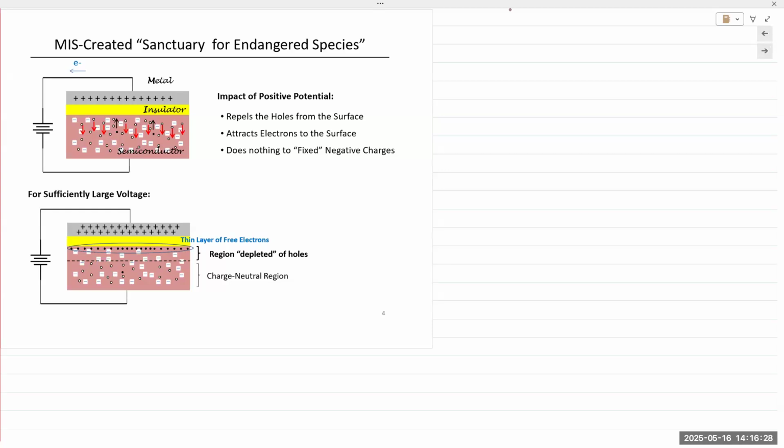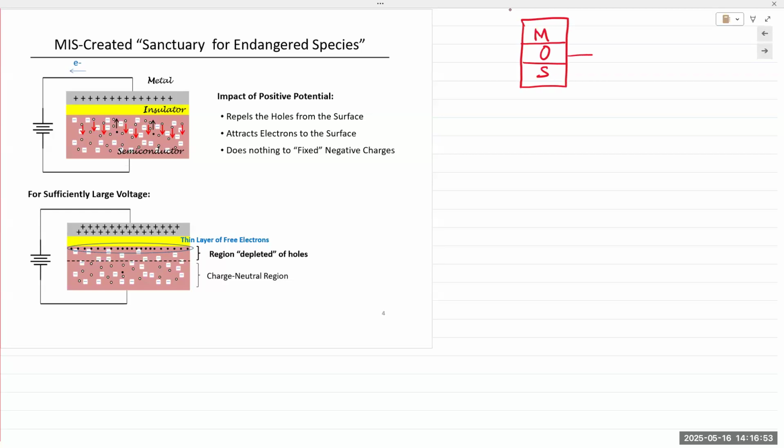Now, the metal oxide semiconductor refers to a sandwich material of a metallic layer, an oxide layer, and then a semiconductor layer. Okay, so let's take a look at what it actually is.